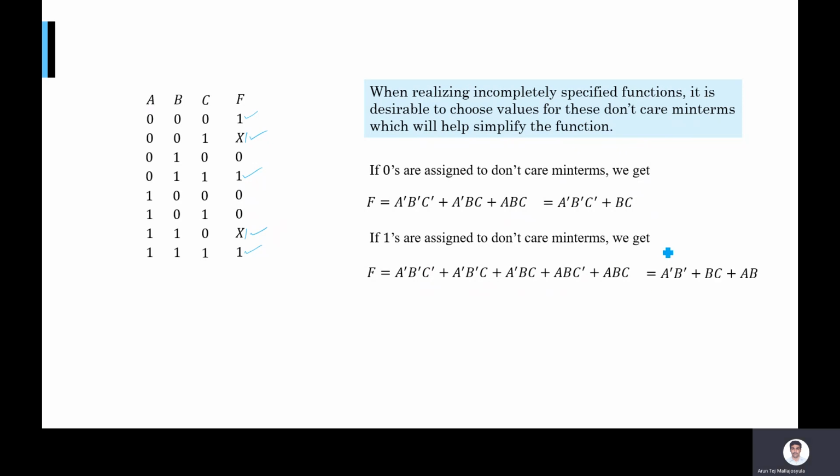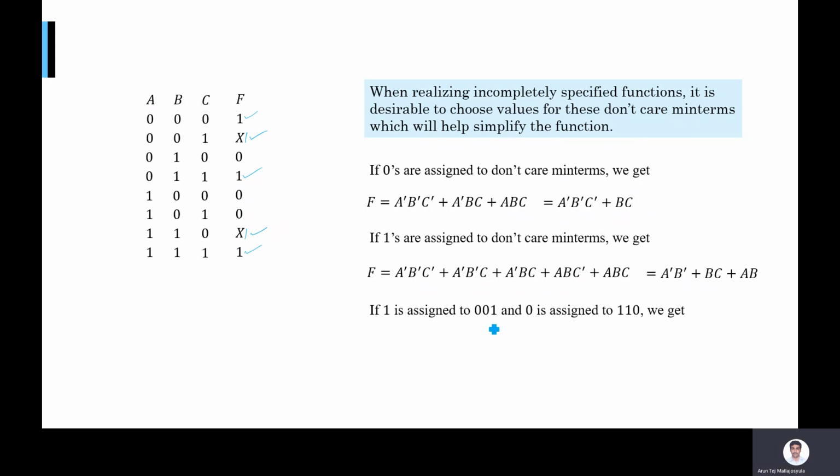So if you minimize it, you will have this function. Okay. So 2 OR gates and 3 AND gates. Here it is a 3 input AND gate and another 2 input AND gate and 1 OR gate.